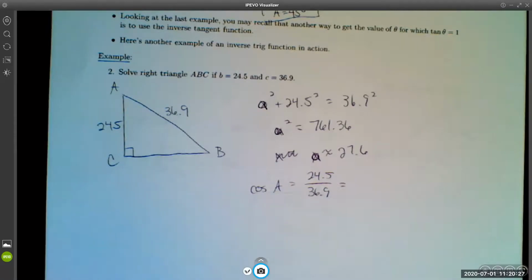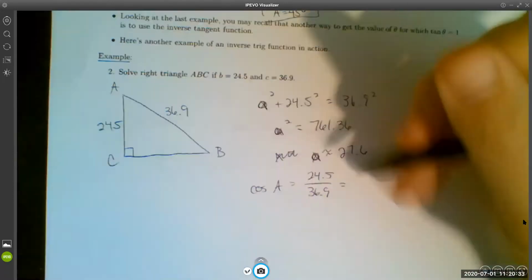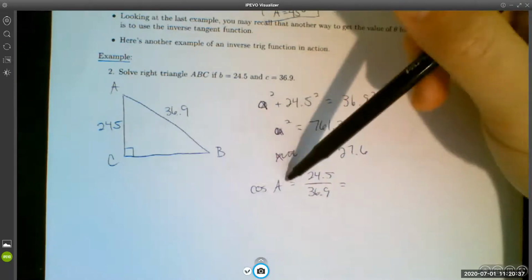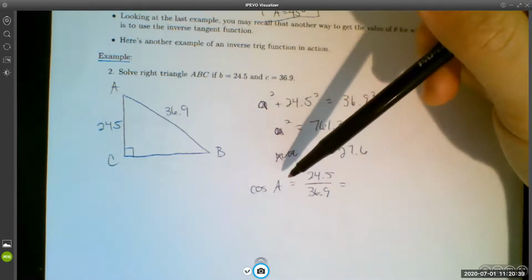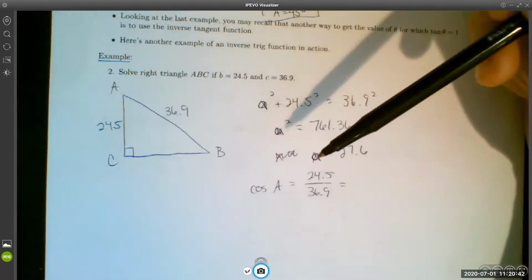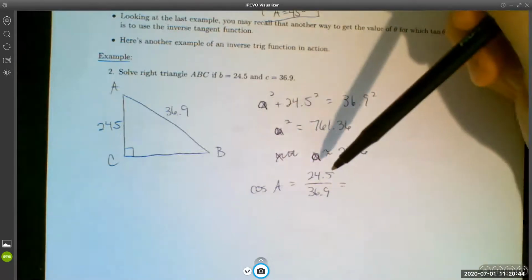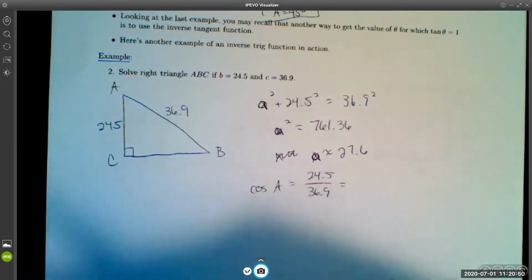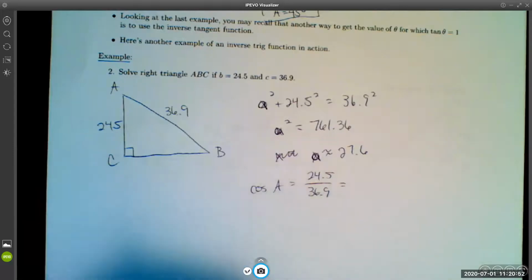So I could try to think about an angle such that cosine of that angle is equal to 0.663957, but you're not going to be able to think of one. I mean, unless you're some kind of super calculator brain genius, you can't just do that in your head.